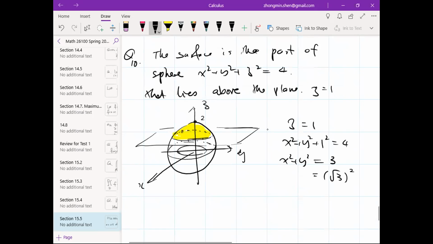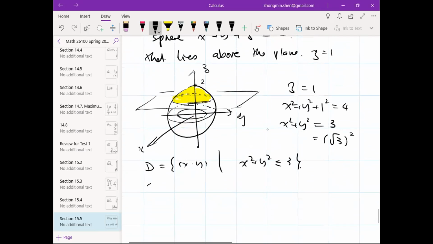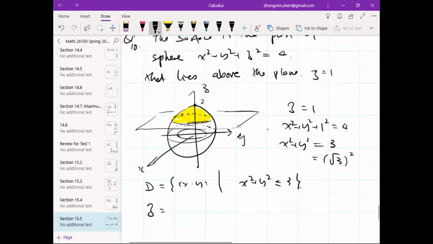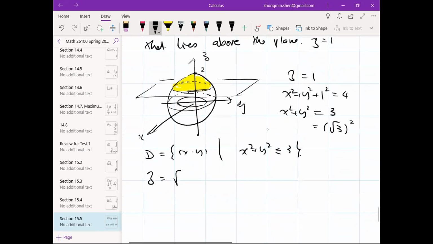So my D is the set of x and y with x squared plus y squared less than or equal to 3. And this is a graph, z equals the function square root of 4 minus x squared minus y squared. So this portion of the surface is the graph of this function above that D.